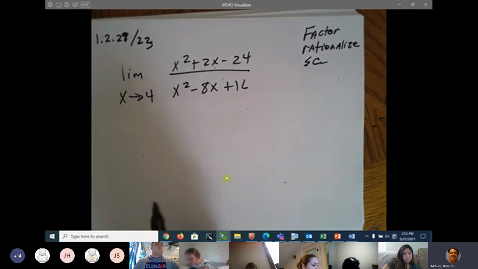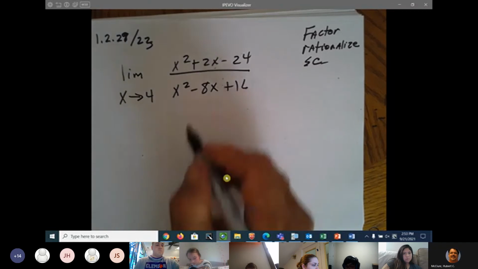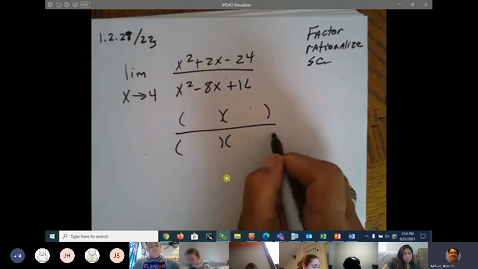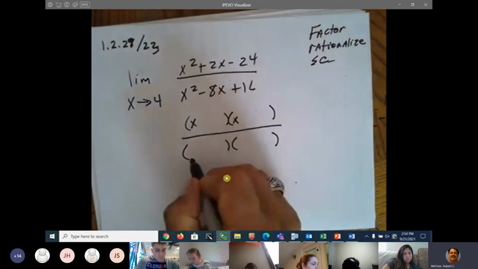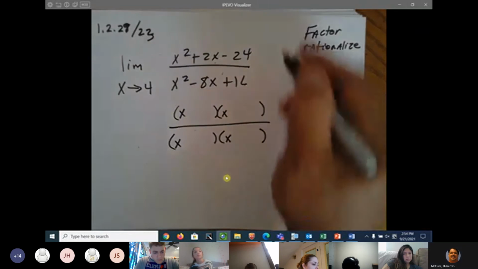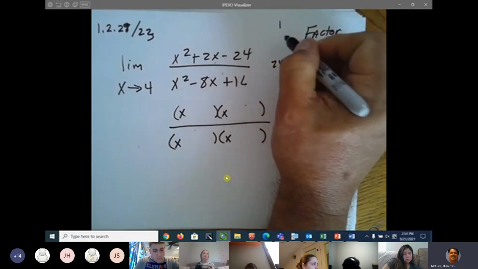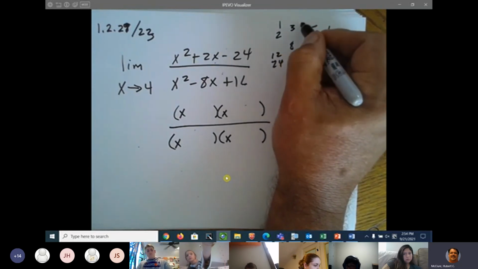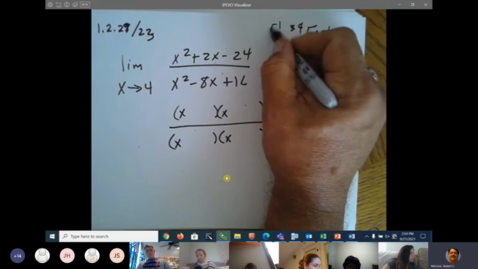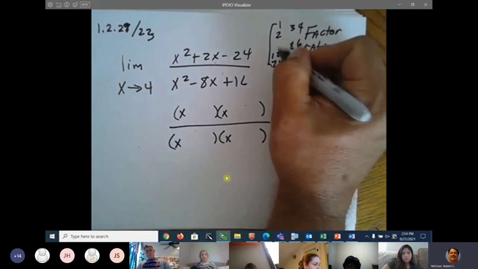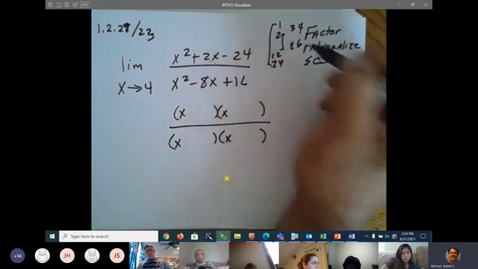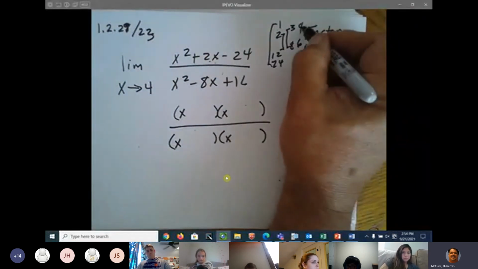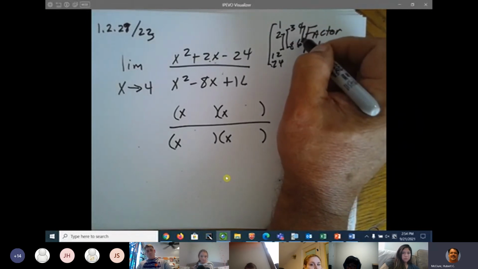So I'm going to use reverse FOIL to factor. That's going to give me two sets of parentheses here, with x here, x here, x here, x here. Let's see, 1 and 24, 2 and 12, 3 and 8, 4 and 6. 1 and 24 give you a 25 or 23. 2 and 12 will give you a 14 or 10. 3 and 8 will give you a 5 or an 11. 4 and 6 will give you a 2 or a 10.